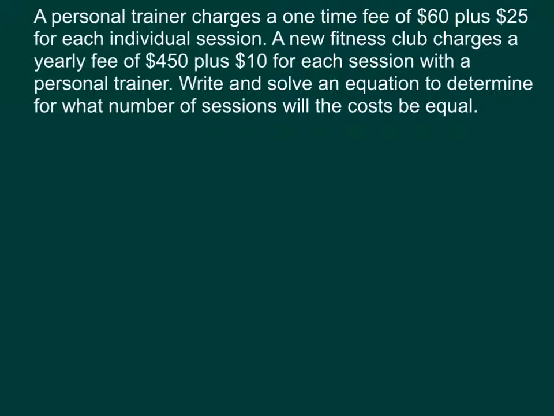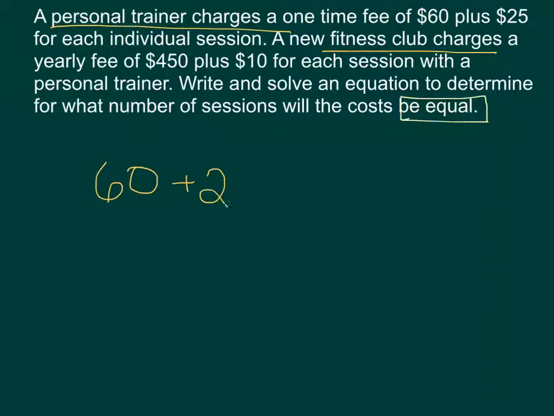So the very first key word here is equal. That tells you that you want something on one side and something on the other to be equal to each other. So we want the personal trainer charges and the fitness club charges to be equal. So for the first one, we have a one-time fee of $60 plus $25 for each individual session.